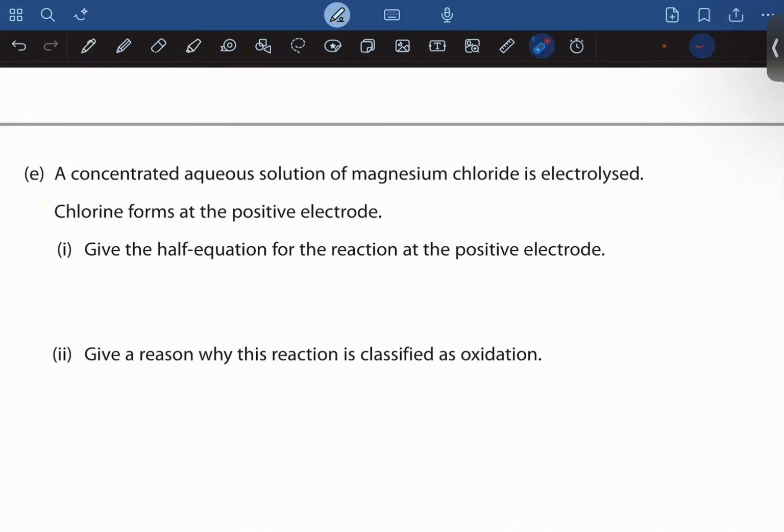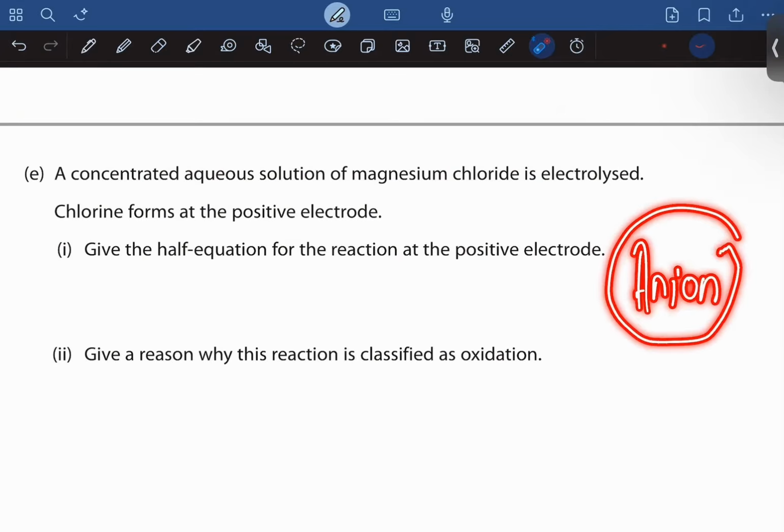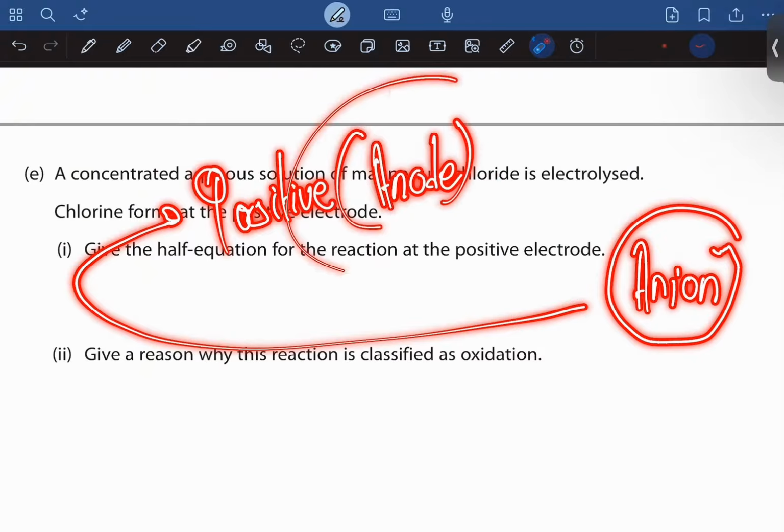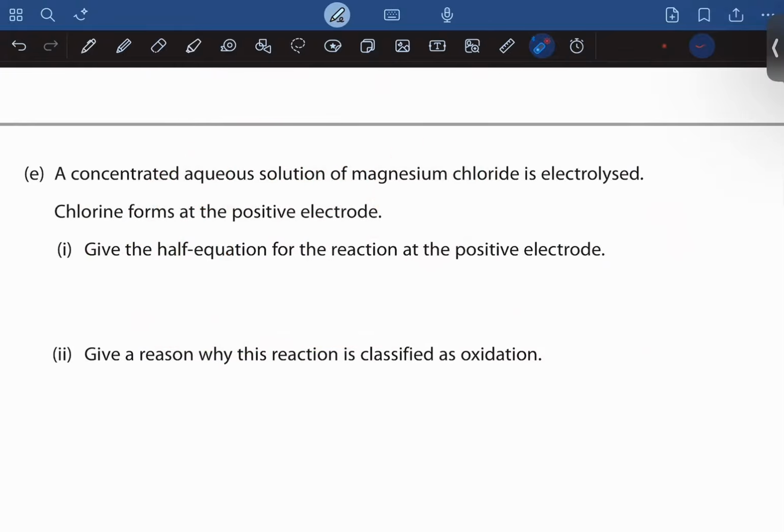Now, anion would be going to the positive electrode. That is what? Anode, right?